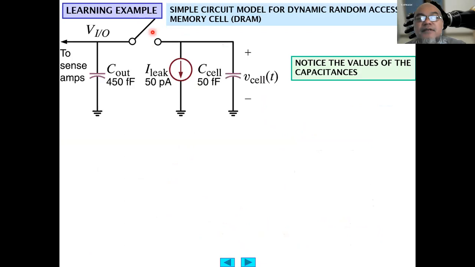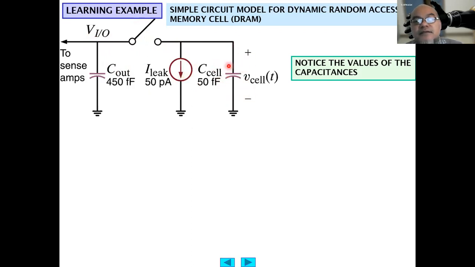So another example is in memory, a dynamic random access memory cell, DRAM. We have here a switch, where we want to put the value of the voltage. There is a leakage current source here, 50 picoampere.